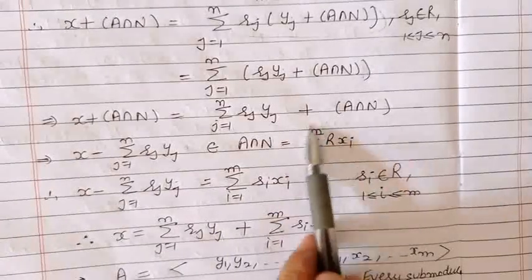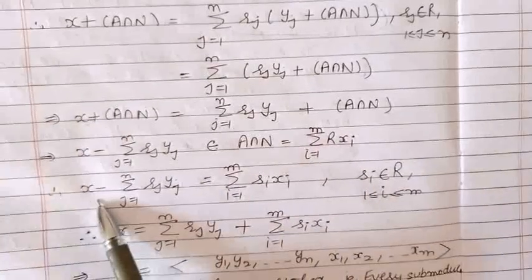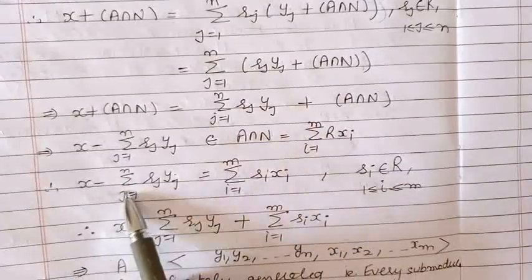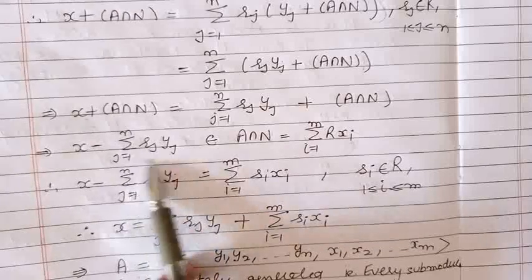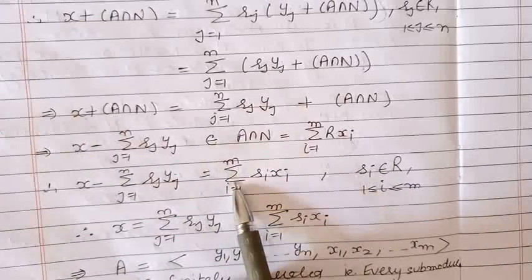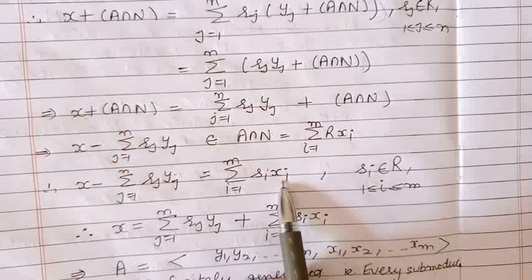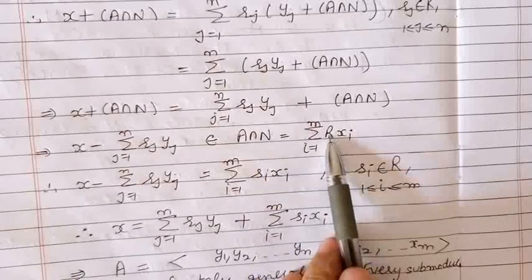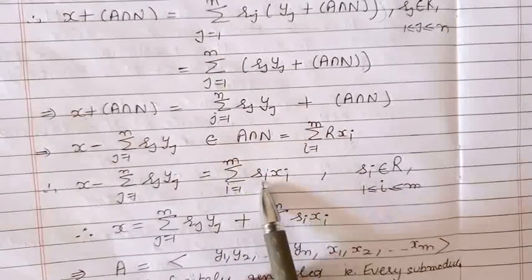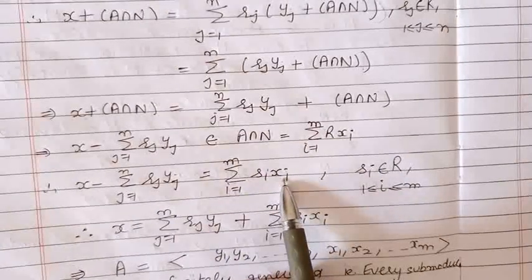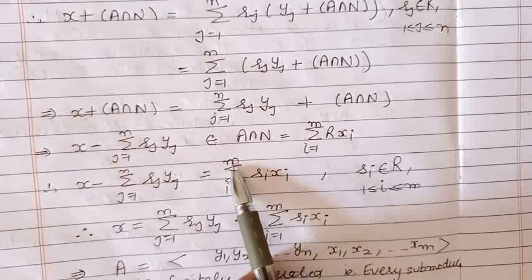So by definition of this sum, this element x minus summation rj yj, where j varies from 1 to n, can be written in the form of a finite sum by taking the coefficients from the ring R. So this can be written as summation si xi, where i varies from 1 to m.